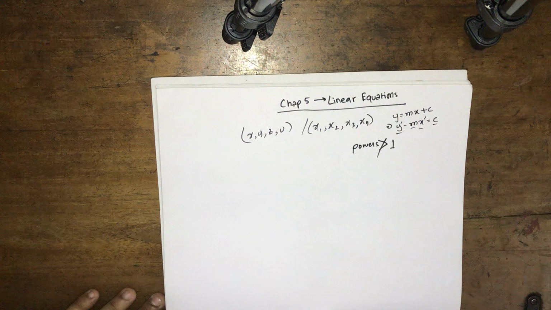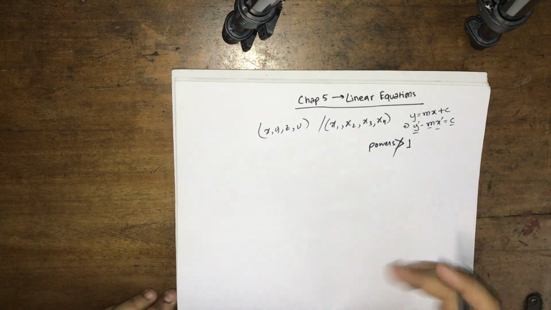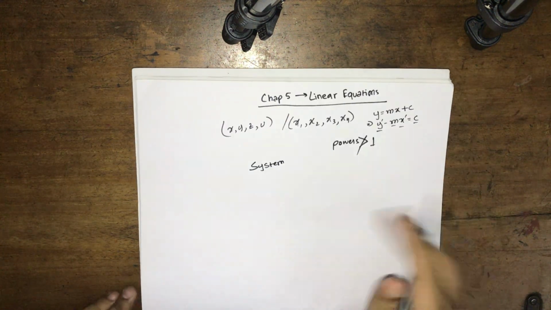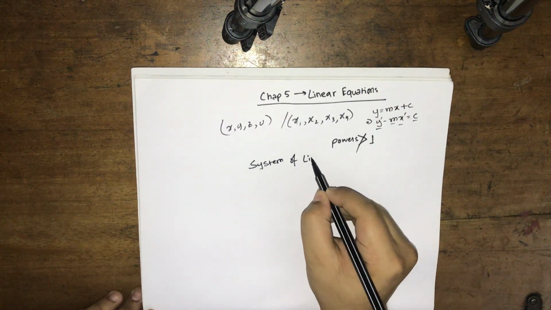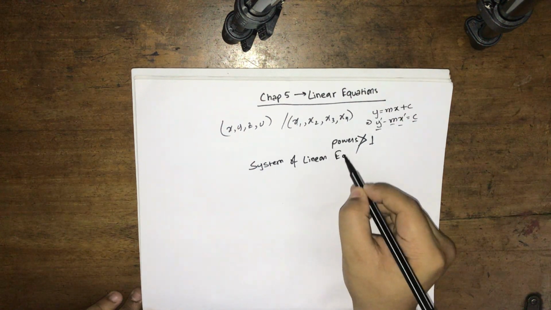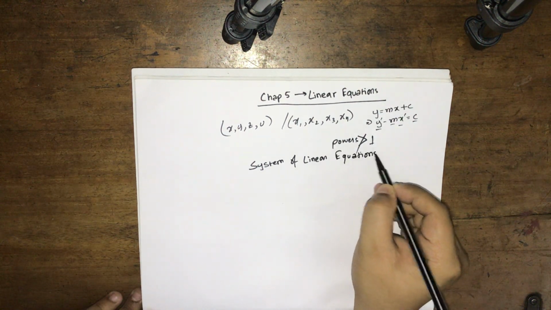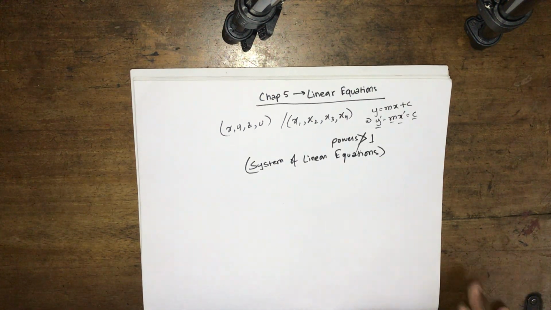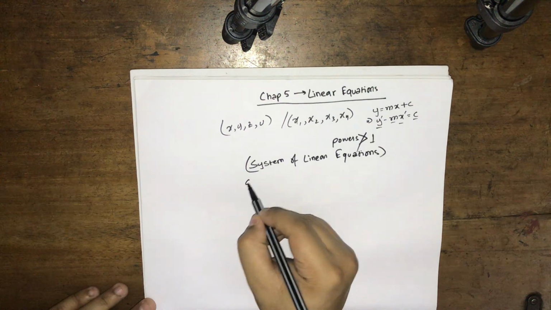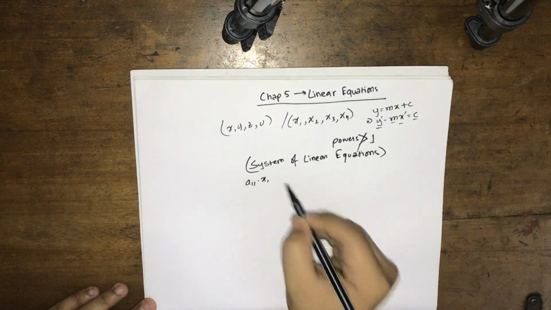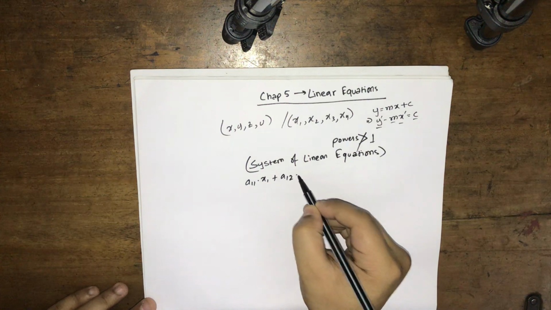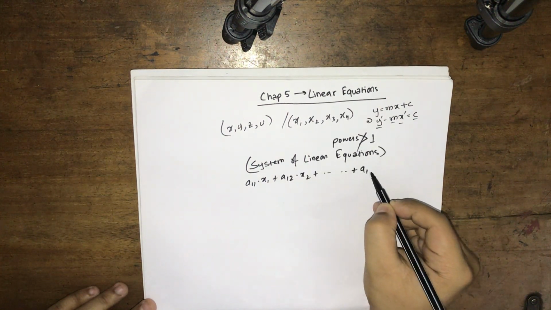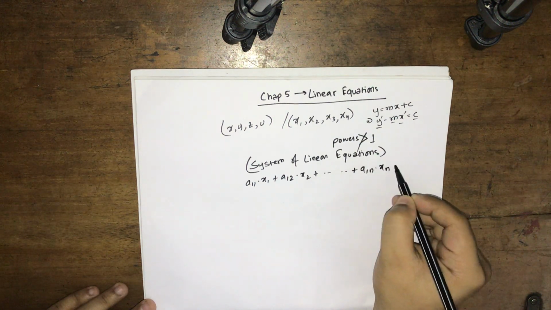Okay, let's move on. Let's say we have a system of linear equations. Let's see the first equation: a11 multiplied with x1 plus a12 multiplied with x2, going up till a1n multiplied with xn, equal to b1.